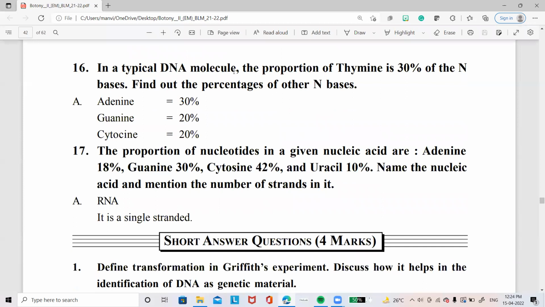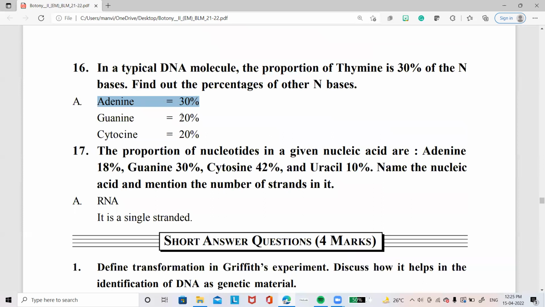Then, in a typical DNA molecule, the proportion of thymine is 30% of the nitrogen bases. Find out the percentages of other nitrogenous bases. If thymine is 30%, its complementary adenine is going to be 30%. According to Chargaff's rule, the number of adenine equals the number of thymine.